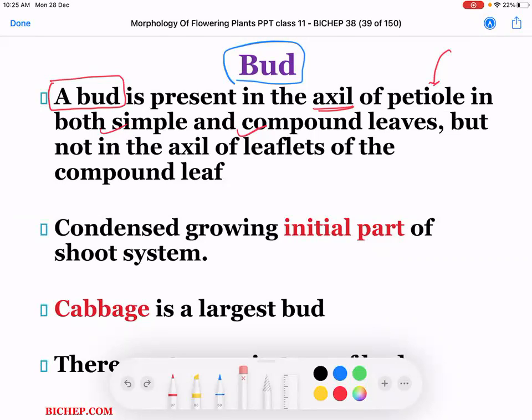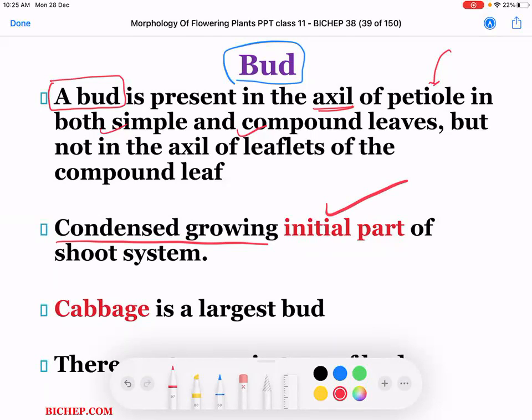So the bud produces a leaf from the petiole, the petiole produces the axis, and the axis completes the structure of the leaf. Now, the bud is the condensed, growing initial part of the shoot system.